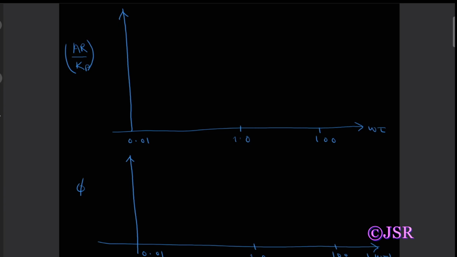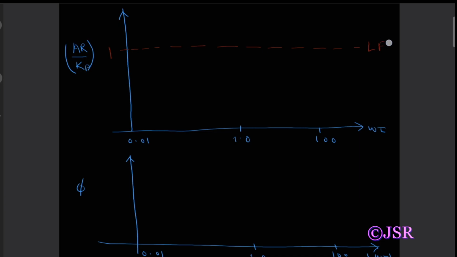So now start with the low frequency asymptote. So when omega tau tends to 0, AR upon Kp tends to 1. So this is the equation of low frequency asymptote.